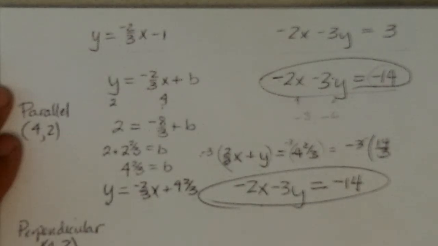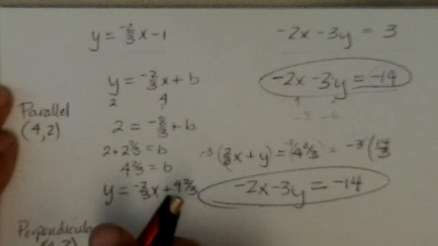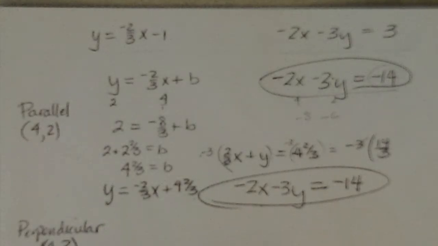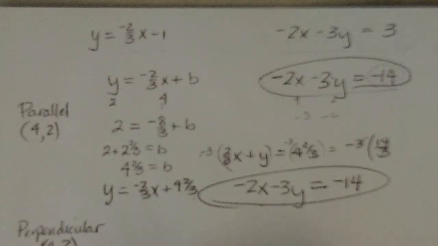To be perpendicular, it's got to go in this direction. Since this is a negative slope, the perpendicular has to be positive. And instead of going 2 for 3, it's got to go 3 for 2. So the slope has got to be the reciprocal.